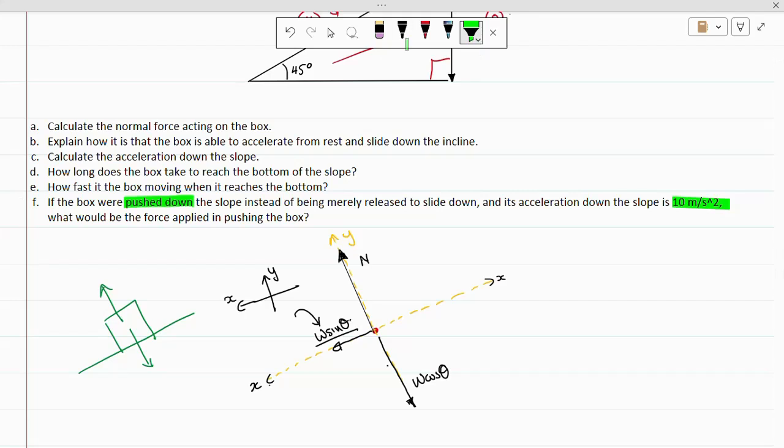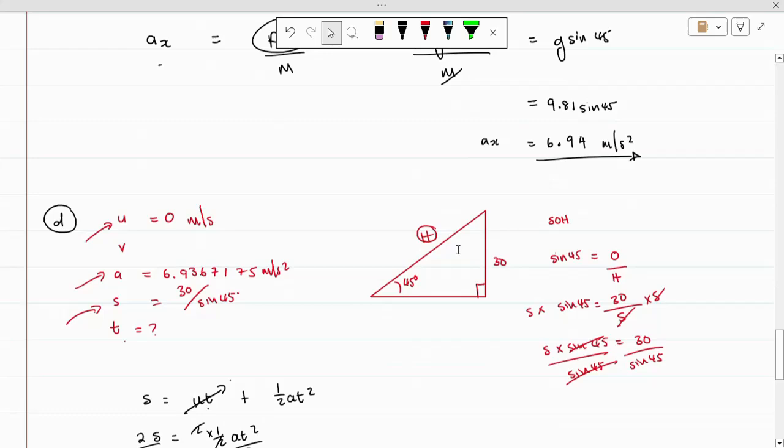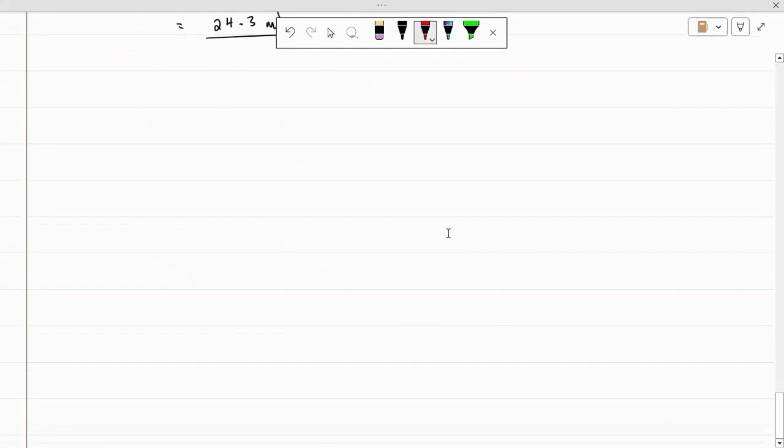The fact that you have a different acceleration tells us that we're going to have a different resultant force. So coming back to this question, let's redraw our diagram, because we still have the same slope over there.